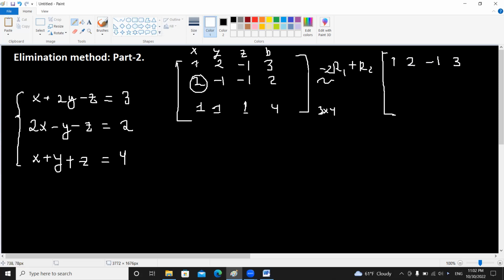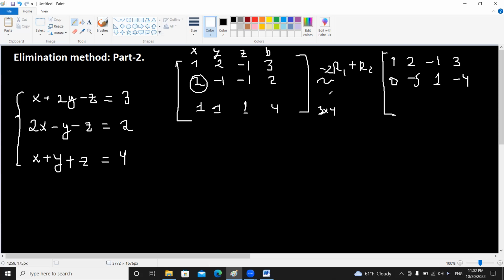If you multiply by -2 the first row and add here, we're going to get 0, obviously. 2 times -2 is -4, plus -1 is -5 here. -1 times -2 is 2, plus -1 is 1 here. -2 times 3 is -6, plus 2 is -4.